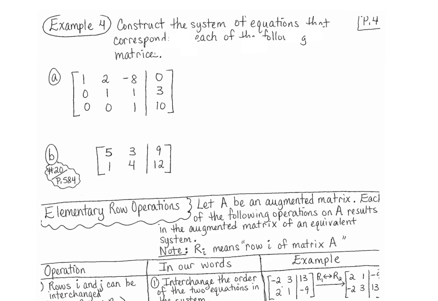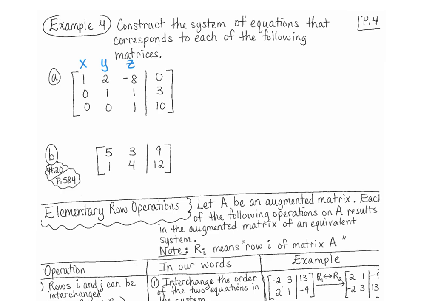Which one do you want me to go through with you? 1? Okay, so the first column represents X, second column, good, third column, Z, and that last column is just our what? Constants, yes? That vertical bar means what mathematically we should have for an equation? Equals, yes, very good.